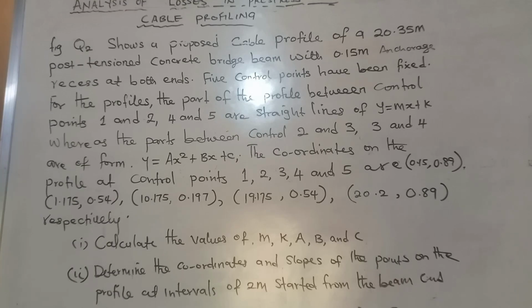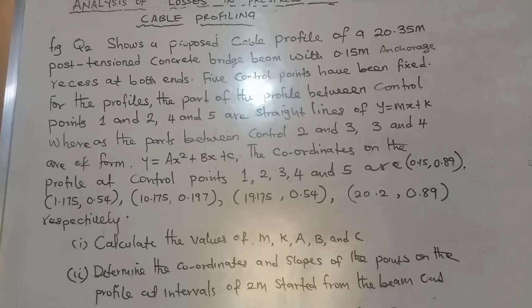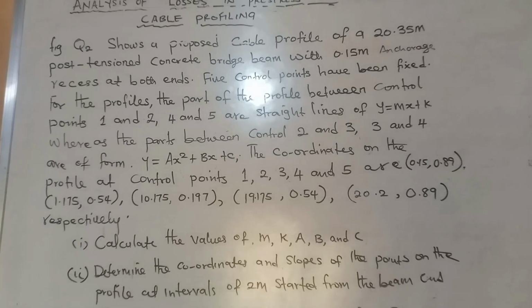We know that the losses include losses due to shrinkage, elastic shortening of concrete, slippage of anchorage, friction, and so on. So all these losses need to be accounted for in the design.